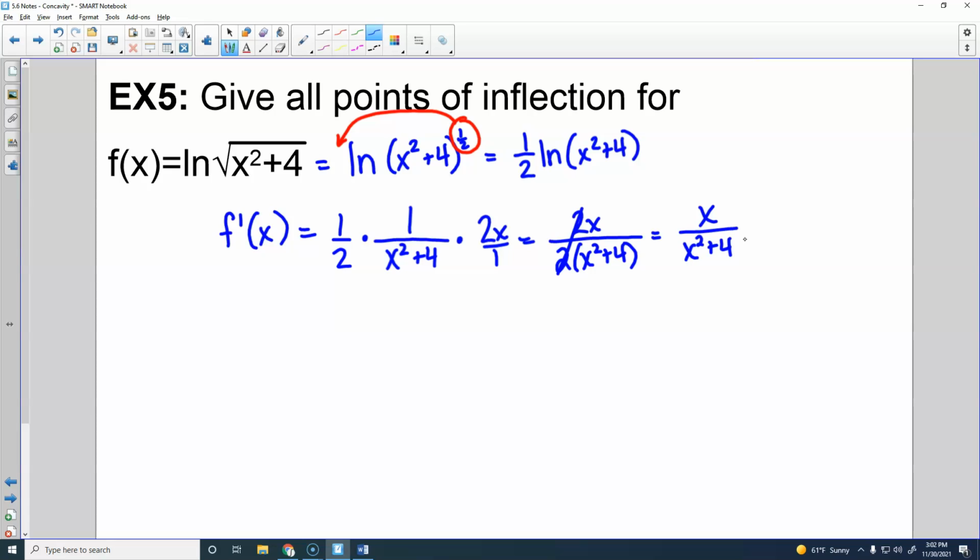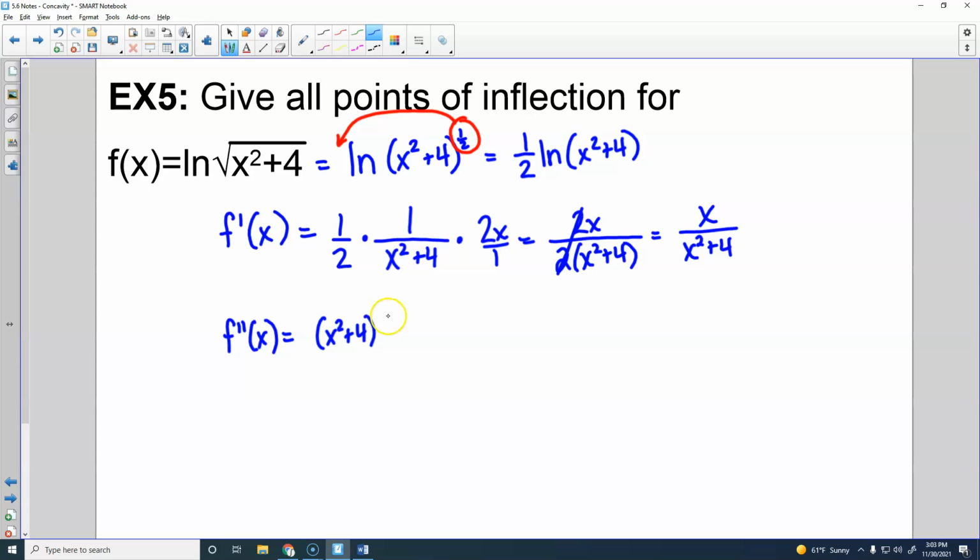Now I've got to take a second derivative. Quotient rule this time. Selena, tell me what to do for that second derivative. We don't take the derivative here, so x squared plus 4. 2x is different than x squared.